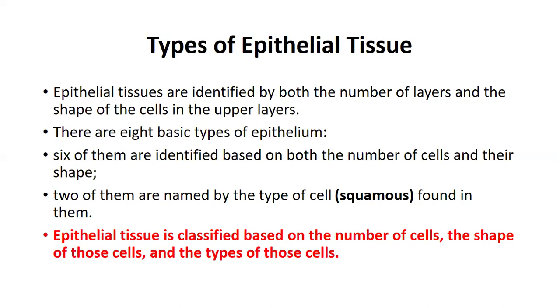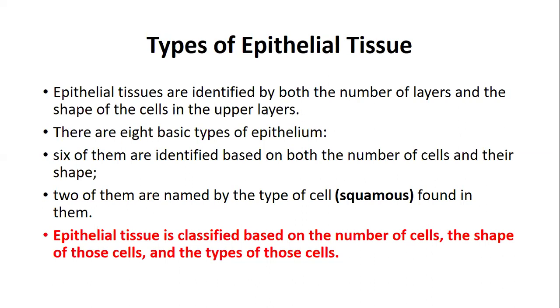Okay. Types of epithelial tissue: they are identified by both the number of layers and the shape of the cells in the upper layers.